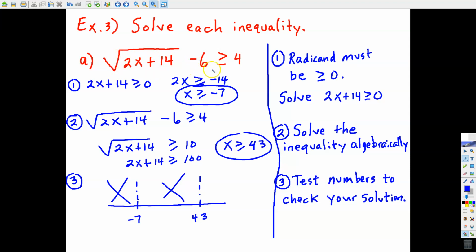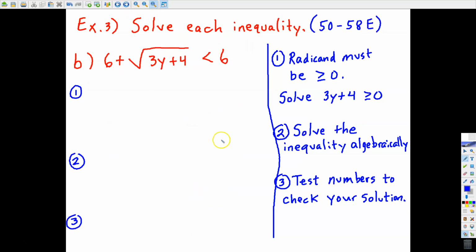Well, 10 minus 6 is greater than or equal to 4. So a number that's a little bit more than 10 is obviously going to be greater than 4. So these numbers do work, and so my final answer is going to be all the numbers greater than or equal to 43. But this is going to be your process when you solve these inequalities.